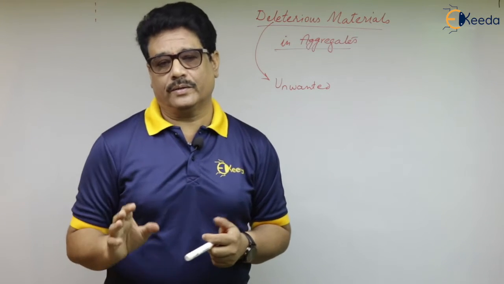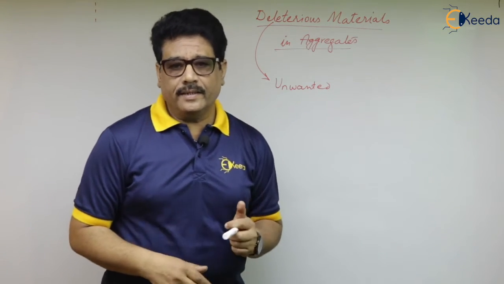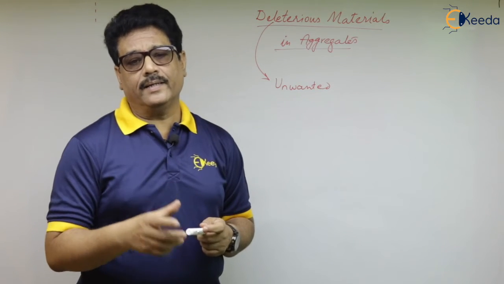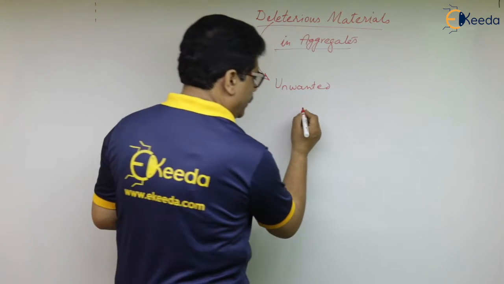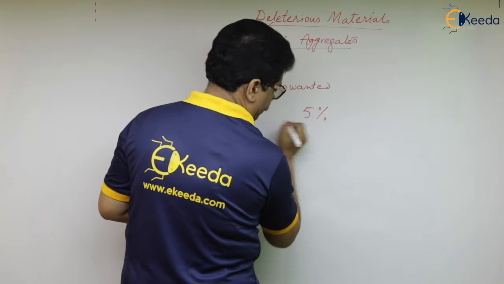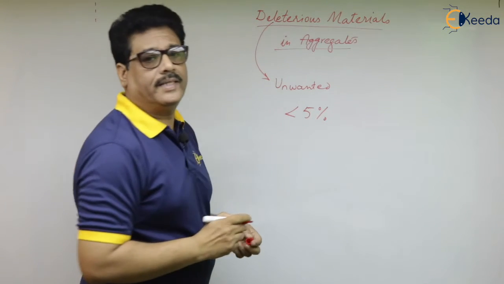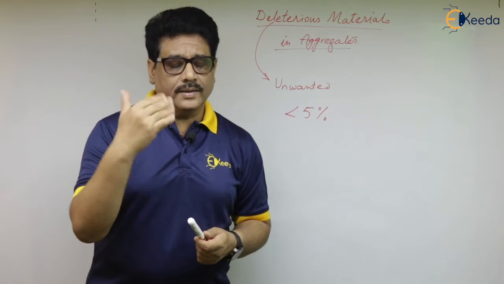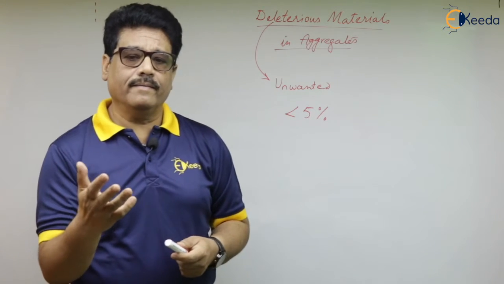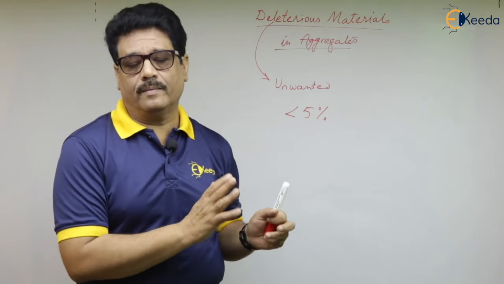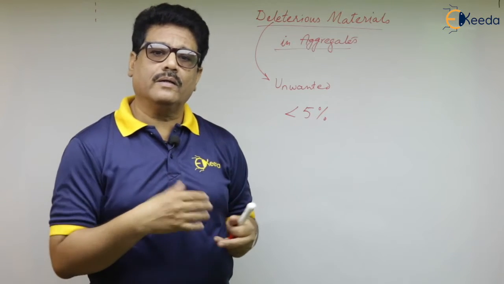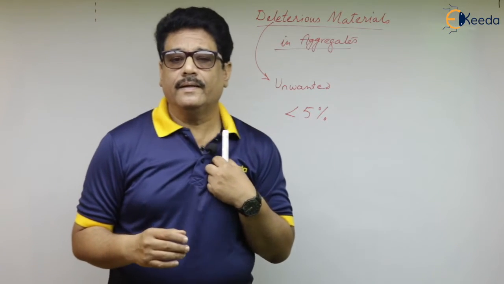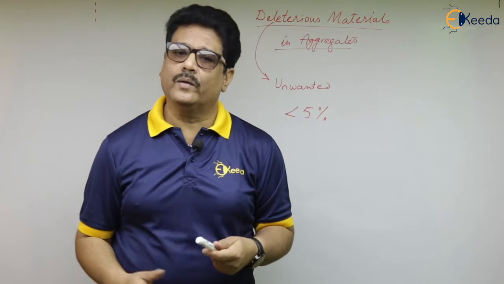That is the best solution. Deleterious materials in general for any type of aggregates should not be more than 5%. The limit is always less than 5%. If it crosses 5%, then we have to have serious monitoring of the aggregates, or we cannot directly allow the site engineer to make use of such aggregates in the concrete making.